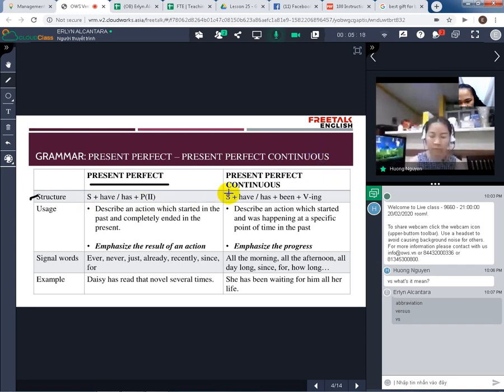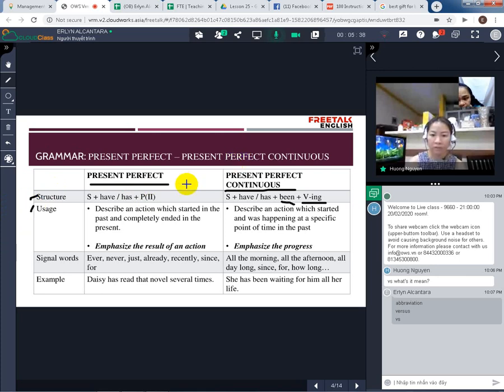If it's present perfect continuous, our structure is subject plus have or has plus been plus verb with ing. Okay? So let's talk about usage.